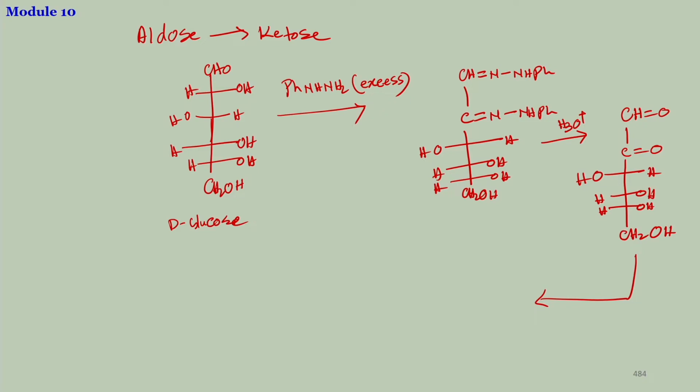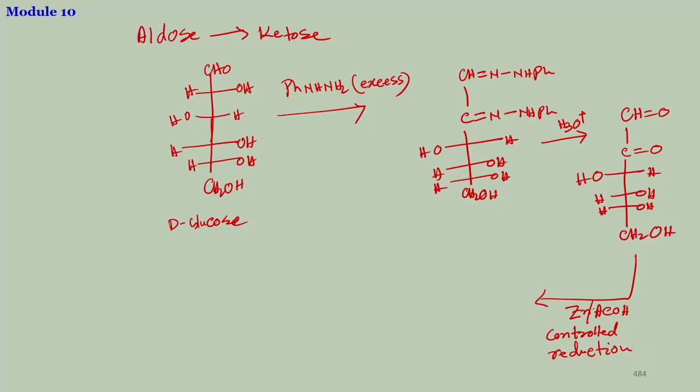So, you do a controlled reduction, with zinc acetate basically. Nowadays there are other modern reagents that are more selective towards aldehyde and not ketone. You can use those also.